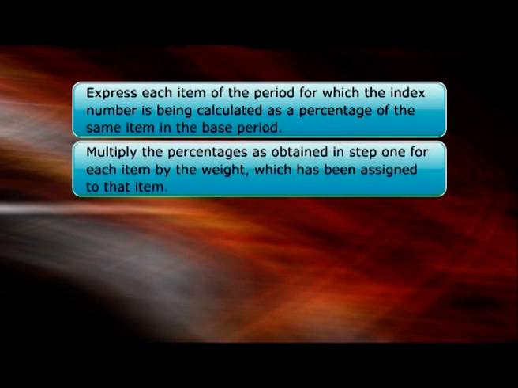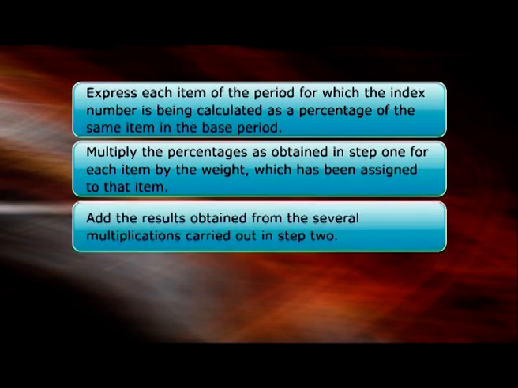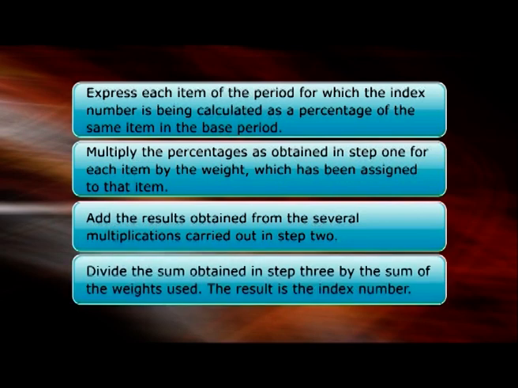Multiply the percentages obtained in step 1 for each item by the weight which has been assigned to that item. Add the results obtained from the several multiplications carried out in step 2. Divide the sum obtained in step 3 by the sum of the weights used. The result is the index number.